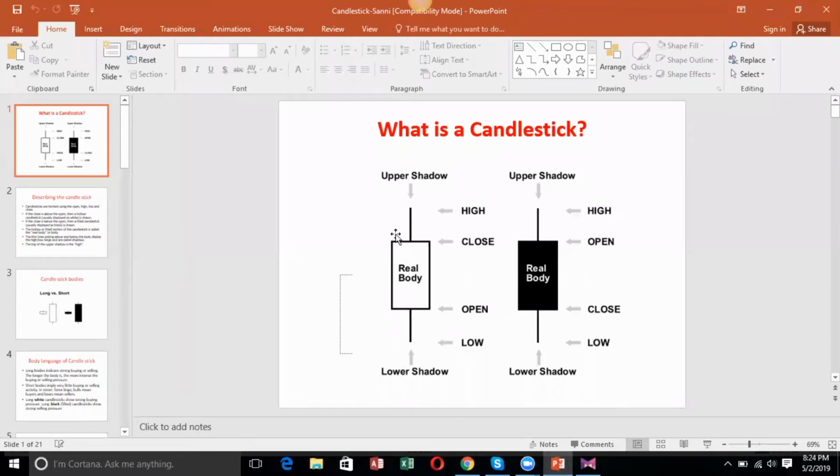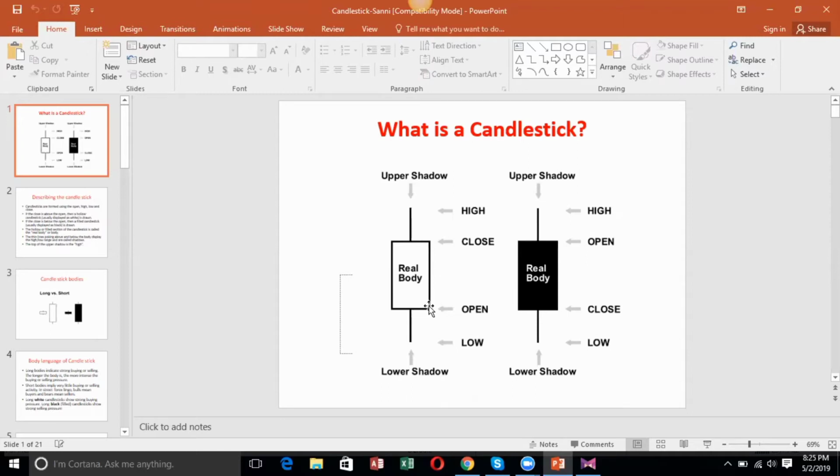Look at this drawing very well. Look at this one closely. You can see what we have here as an open price, or you can call it a start price, the beginning of something, which is what we regard as open in the forex market. When you say something open, it means something started.